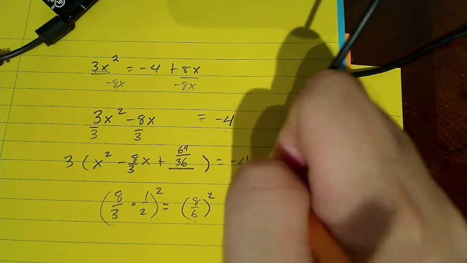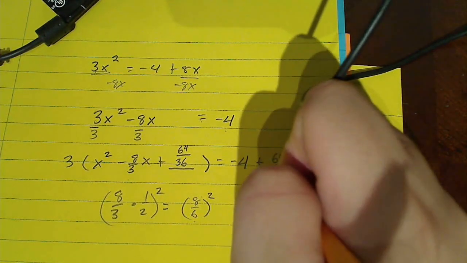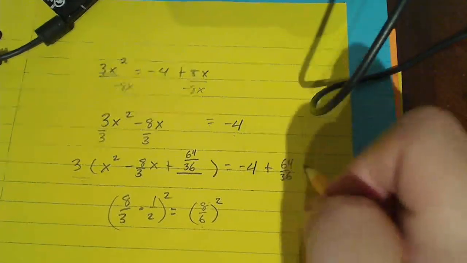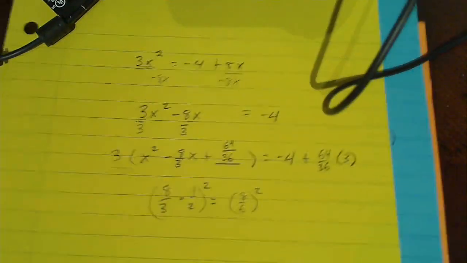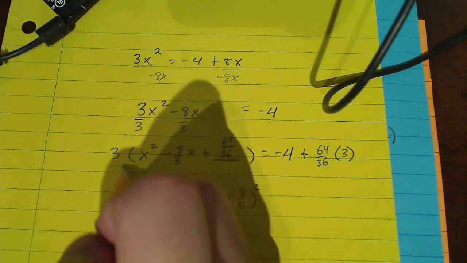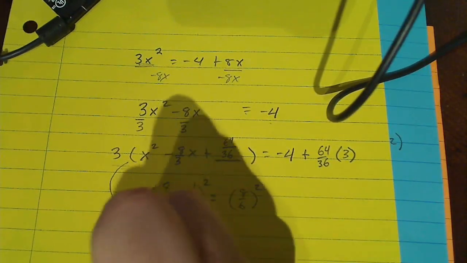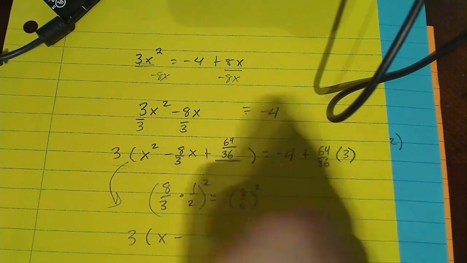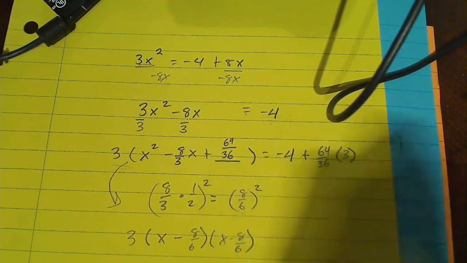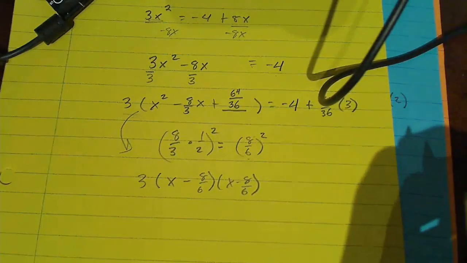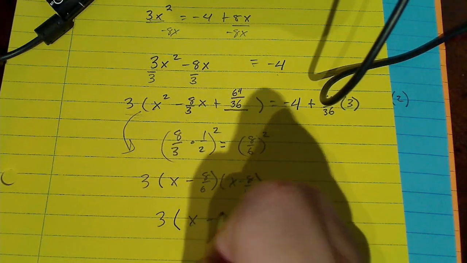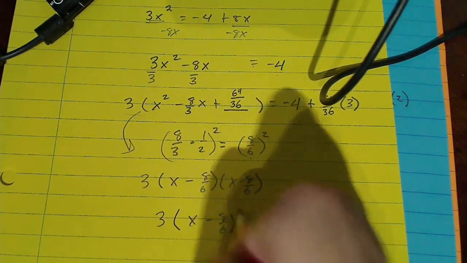And then to balance it, I'm going to put it on this side. But remember that little 3 up here in the front that we have to divide out first? I'm going to multiply this side by 3 too. That's just to balance everything out. So I'm going to take this into my 2 factors: x minus 8 over 6, x minus 8 over 6, which becomes your binomial factor of x minus 8 over 6 squared.